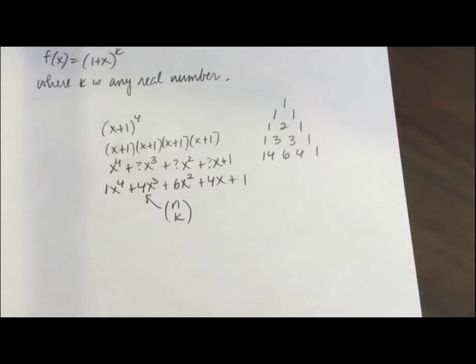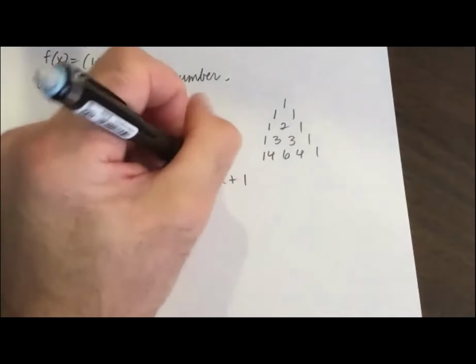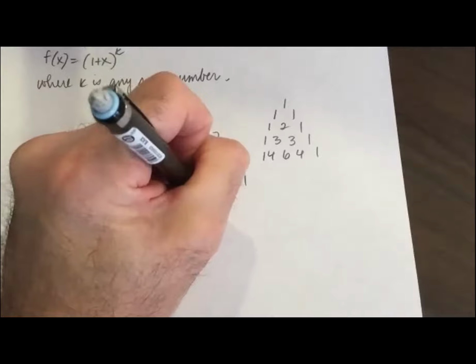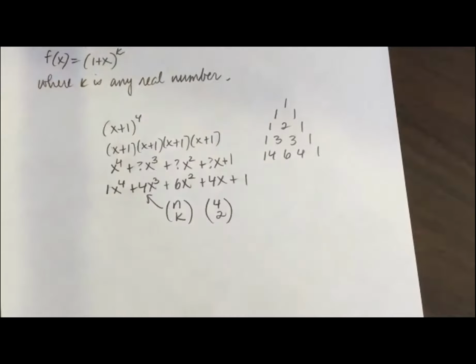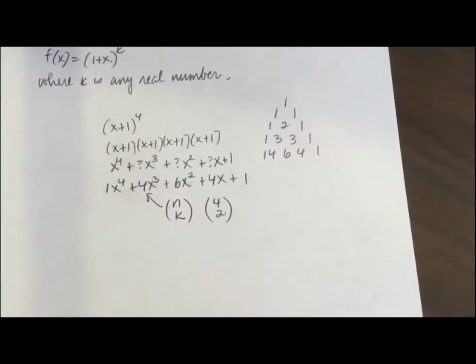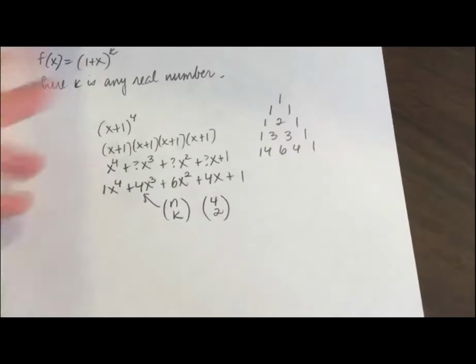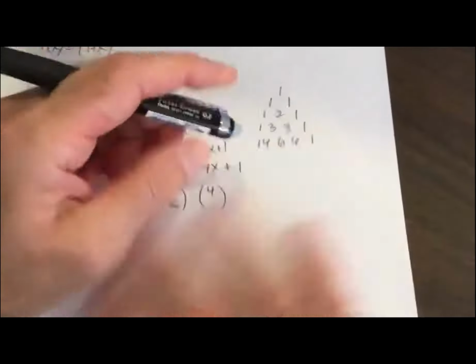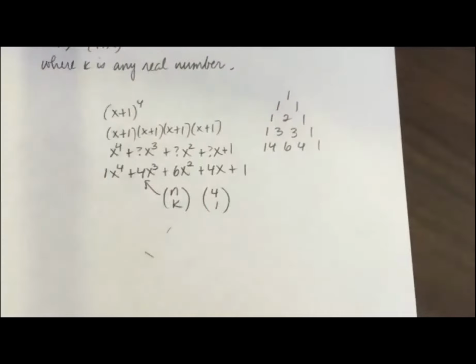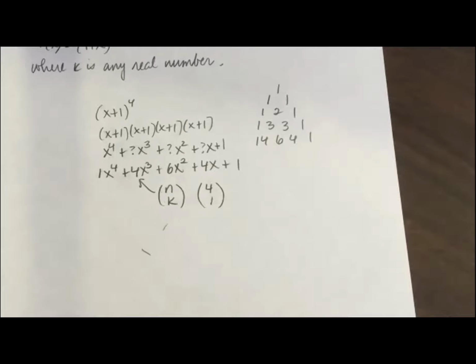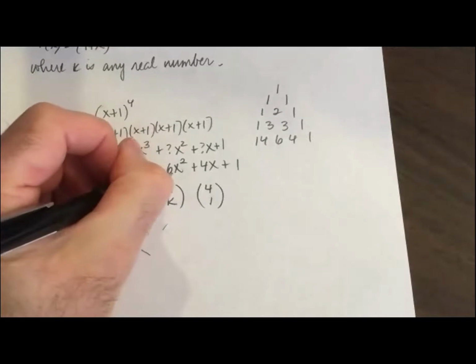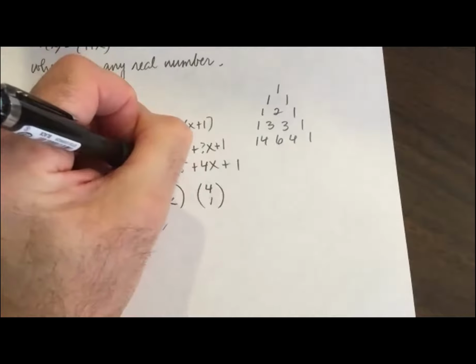For this particular one, we're on a 4th degree, choose 2. Actually, 4th degree, choose 1, because I'm pointing to that first one. So what's this one? This one's the 4 choose 2.